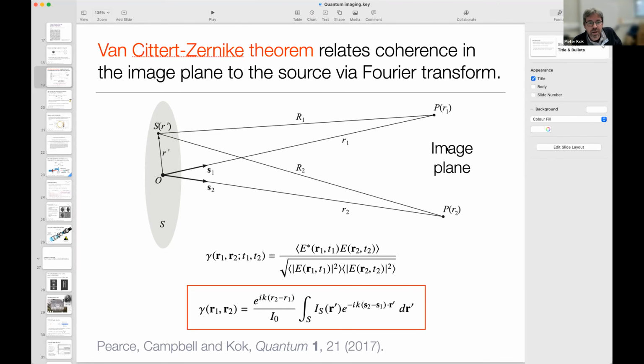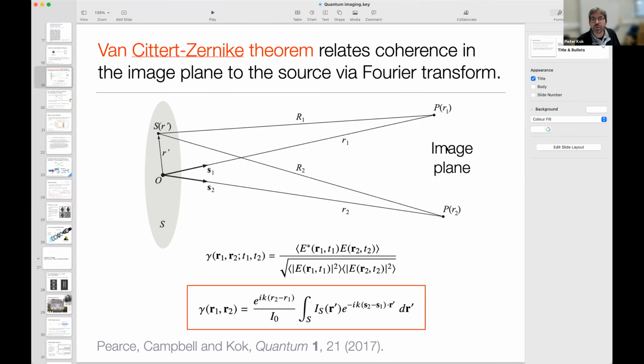Now there is some issue here: gamma is a complex number, and there's a trade-off where you cannot measure both the phase and the magnitude of gamma simultaneously. So you're going to need to take double the measurements. There's no way around it.